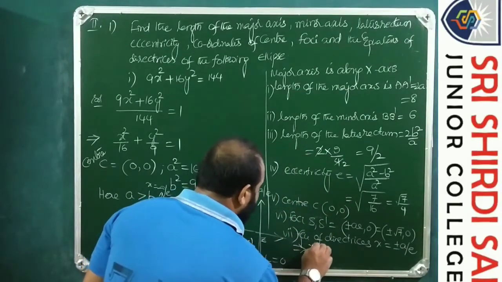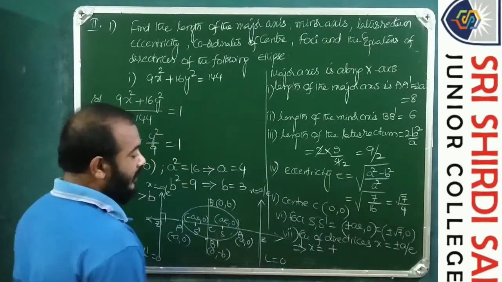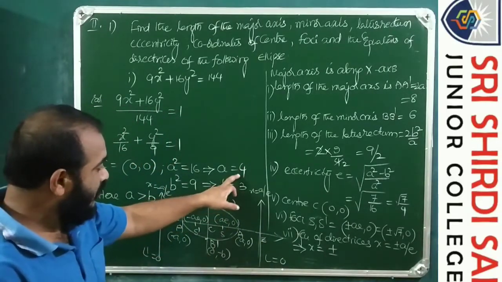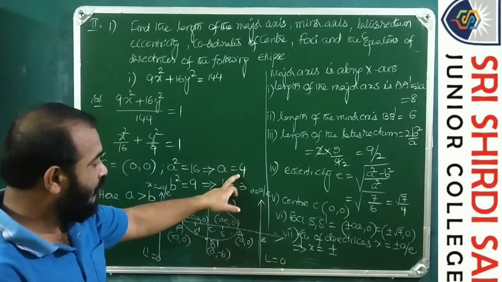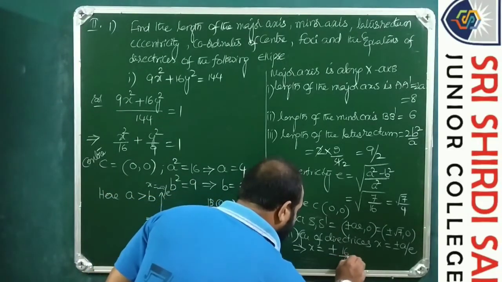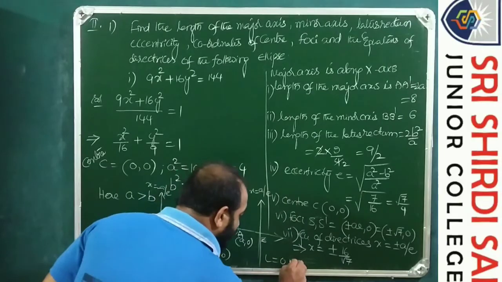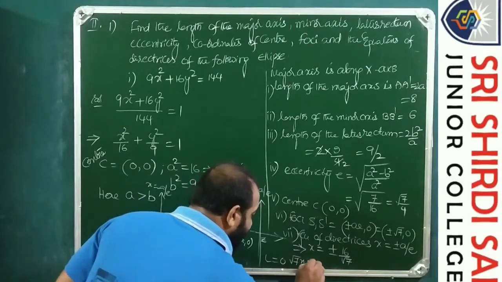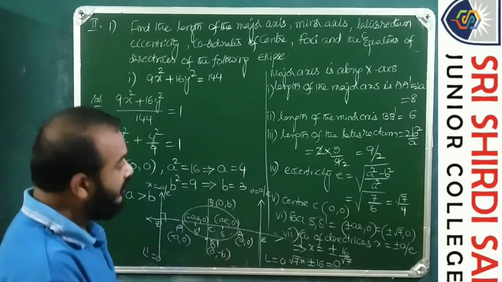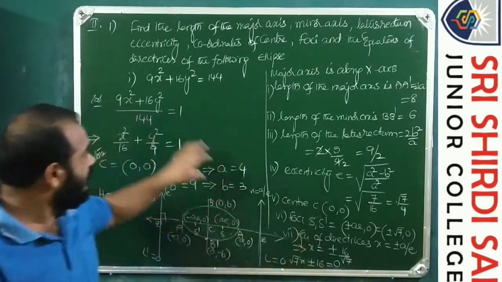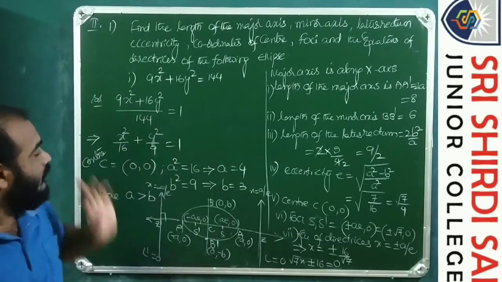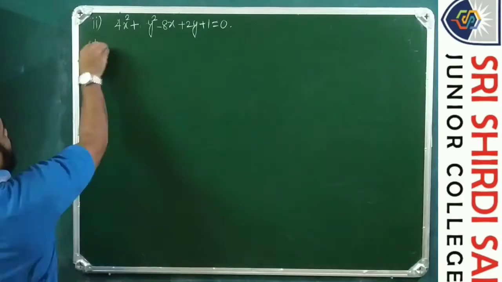So x is equals to plus or minus 4 by (root 7 by 4). So 4 fours are 16 by root 7. This is equals to root 7 x plus or minus 16 equals to 0, which is the required equation of the directrices for the ellipse x square by 16 plus y square by 9 equals to 1.